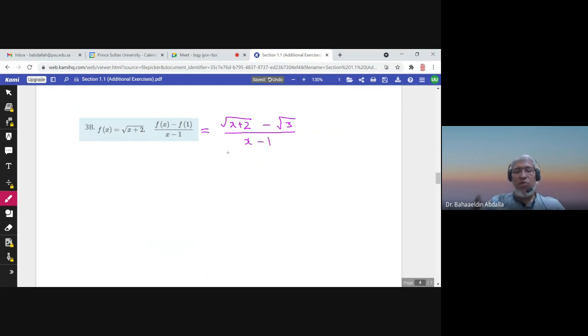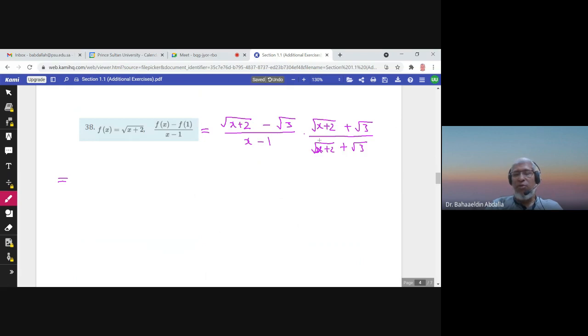There is no way to simplify this one unless you multiply by the conjugate of the numerator, which is square root of x plus 2 plus square root of 3, over square root of x plus 2 plus square root of 3. So this is 1. Anything over itself is 1. I am multiplying it by 1, so I did not change anything.